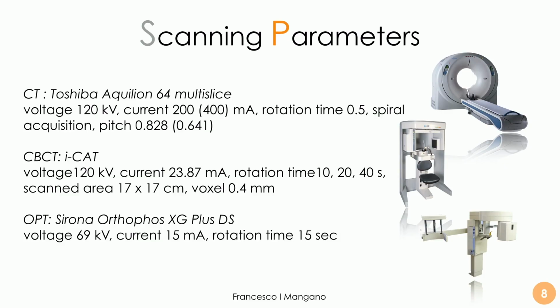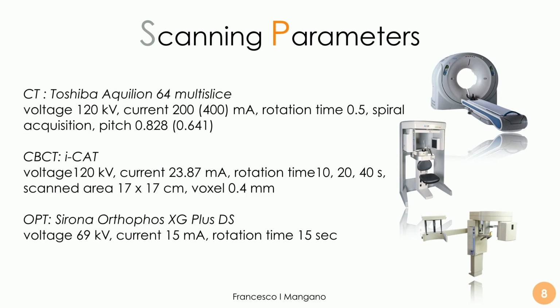We wanted to compare basically these 3 machines: a conventional medical CT, the Toshiba 64 multi-slice; then a CBCT, a cone beam computed tomography, the one that was available at that time, the ECAT; and then a digital orthopantomograph, the Sirona Orthophos.